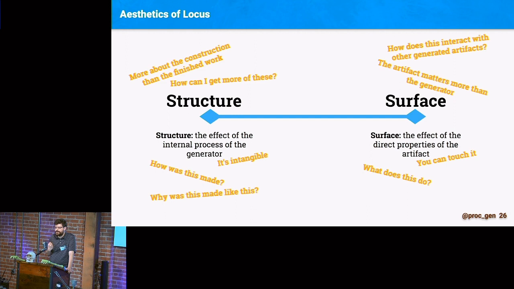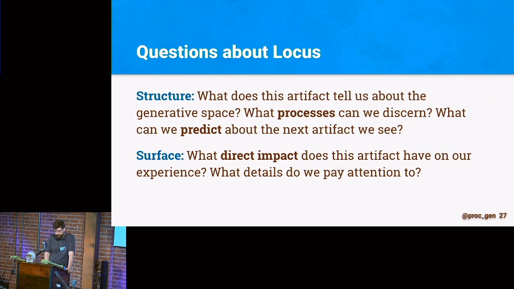Are we more concerned about how this was made? Why is it made like this? Or are we concerned with how does this interact with other generated artifacts? Or what does this particular artifact do? And I think there's a natural tendency for the player's attention to gradually shift away from the surface and towards the structure as you become more familiar with the generator.